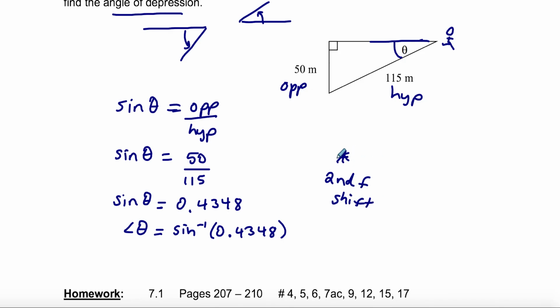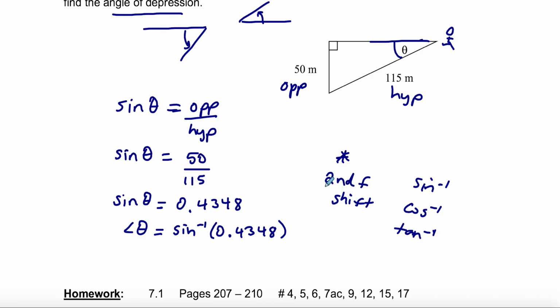You have to push second function or shift on your calculator in order to find an angle. Anytime you're looking for an angle, when you don't know the angle, this is the only time we push second function or shift on your calculator. You should be able to see inverse sine, inverse cosine, or inverse tangent on your calculator when you push second function sine, second function cos, or shift tan.